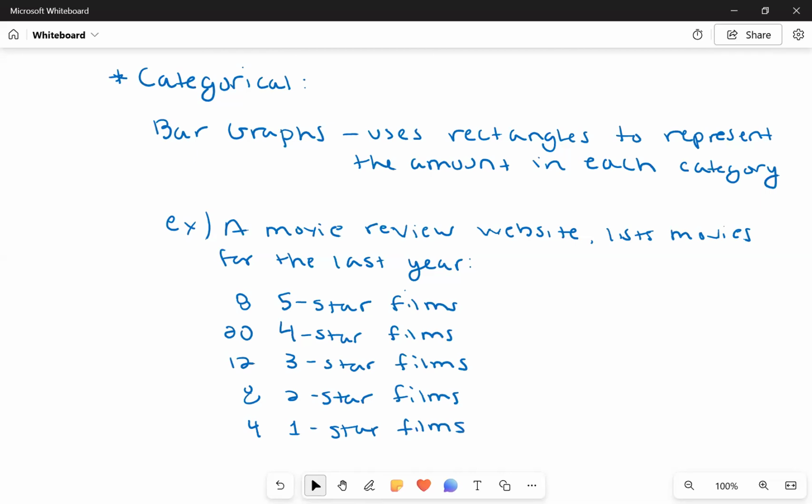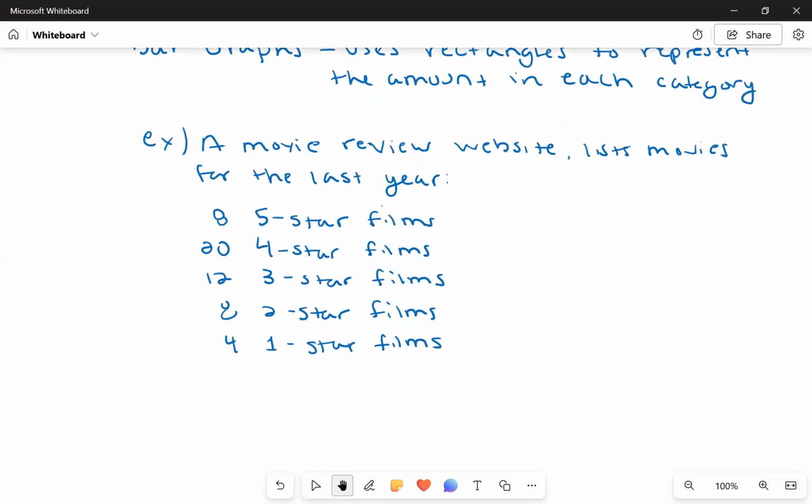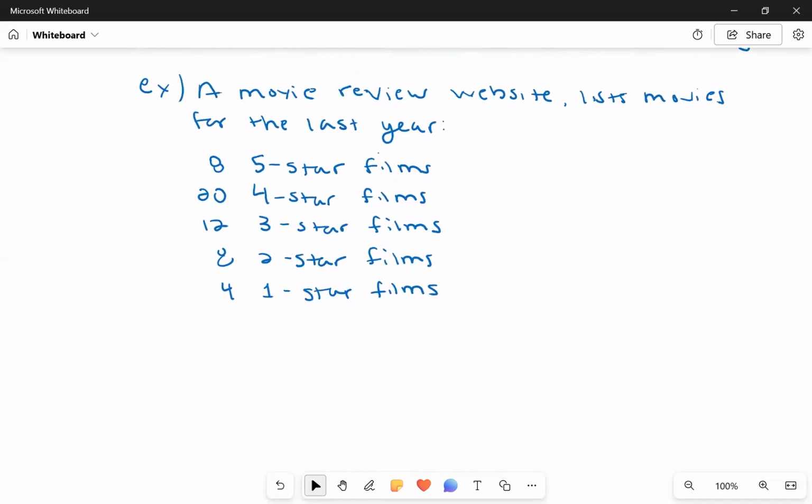Now, even though they have a star system, which appears to be numerical, they aren't really numerical. It's a category. When you say something is a 5-star film, you're saying it's excellent. It's one of the best films you've seen. 4-star would be a next step down, and so forth. Let's say we want to do a bar graph of this information.